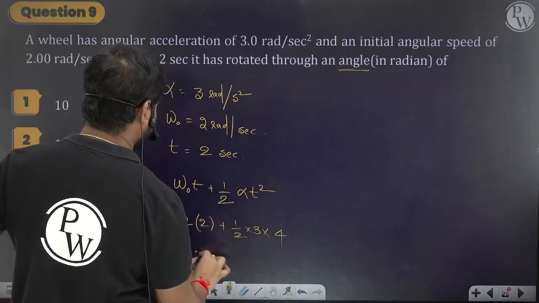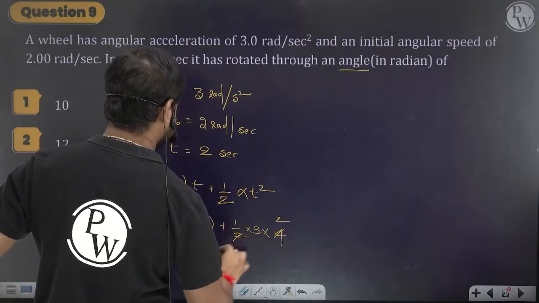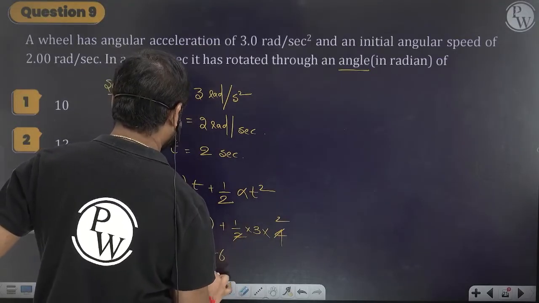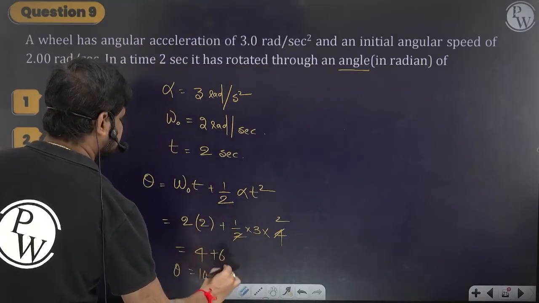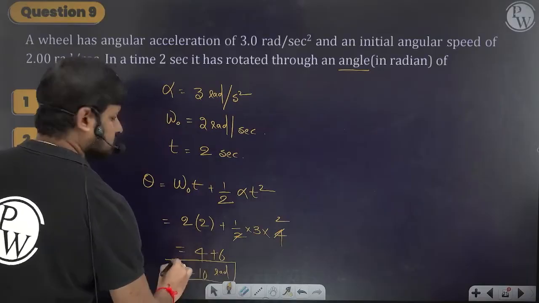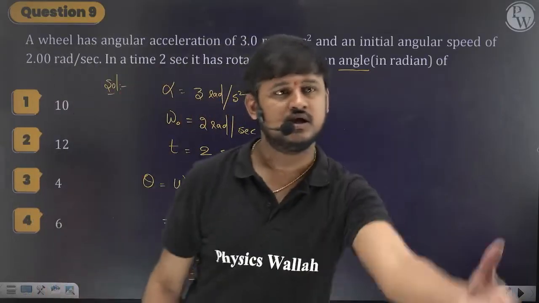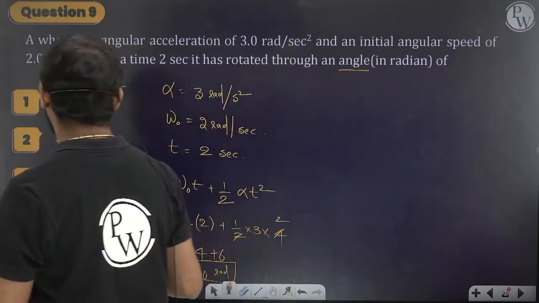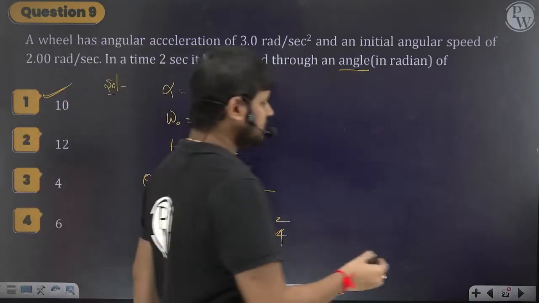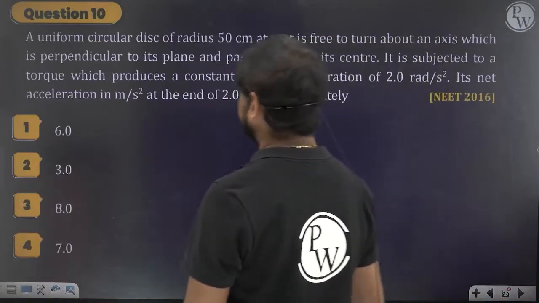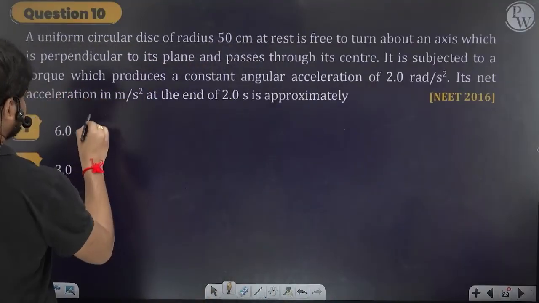So here it is 4 and 2 is 6, which is 10. So theta is equal to 10 radians. So the correct option is option 1. Clear? Chal. Next. Let's take the next question, guys.